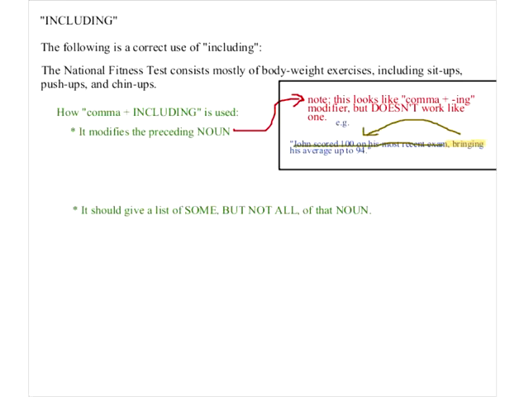But including does not work like that, and that's the point here. Including just modifies the noun that comes before it. So in this case, comma including just tells us about body weight exercises.